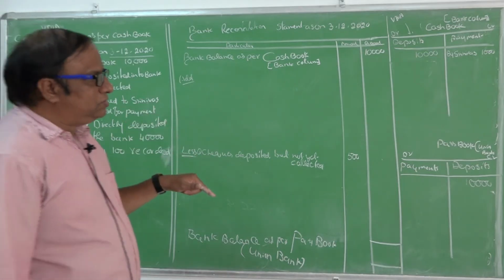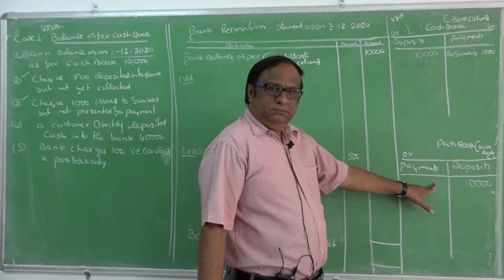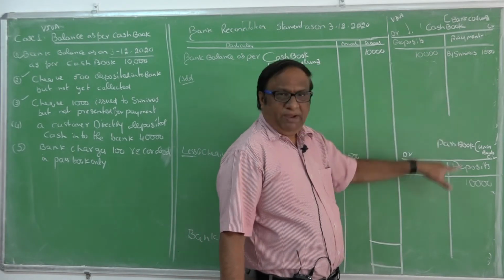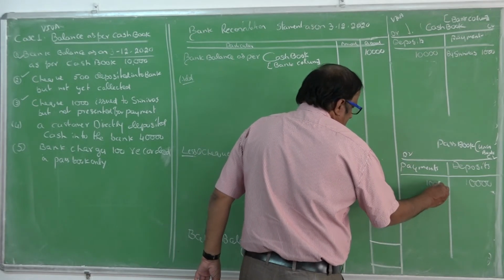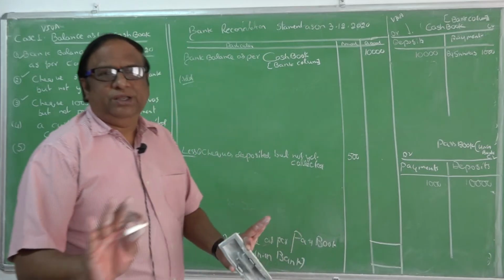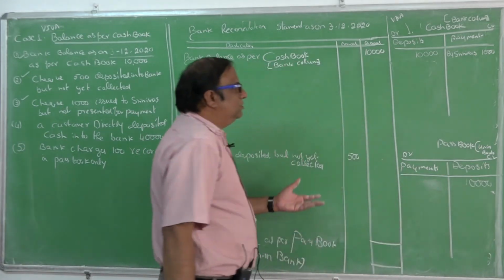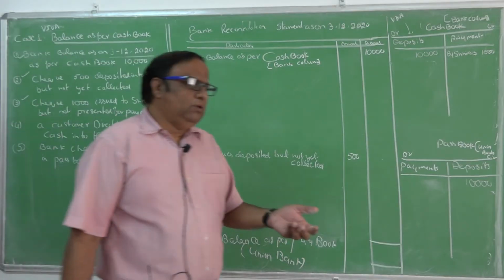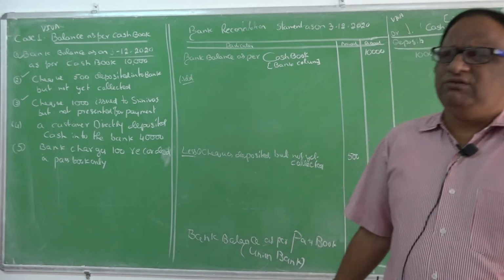If Srinivas goes to the bank, 1,000 rupees will be debited, the bank will give 1,000 rupees to Srinivas, then both are equal, story happy. But what happened here? Srinivas does not go to the bank. He will go after 3 days, 4 days, according to his will and wish.